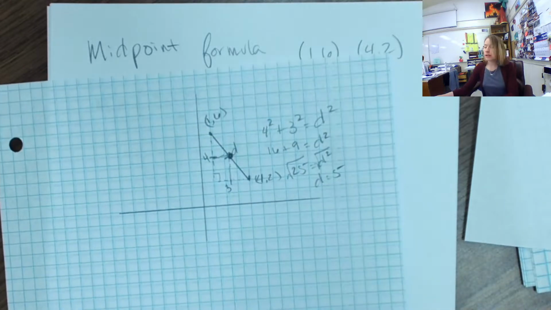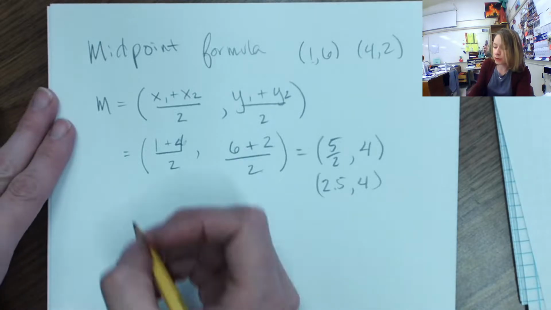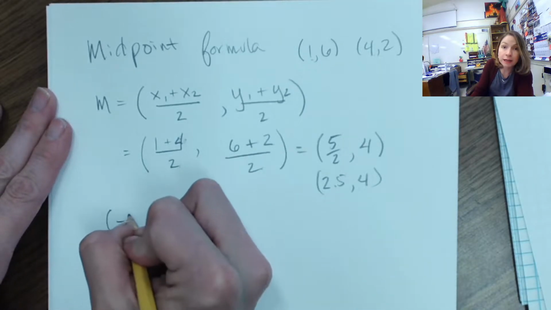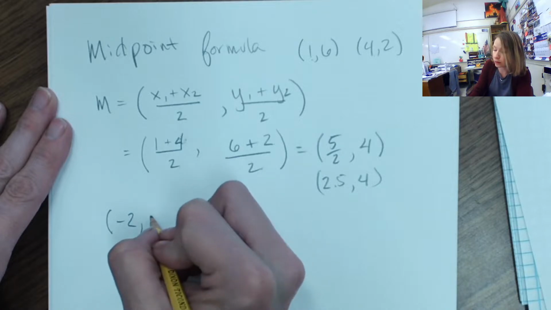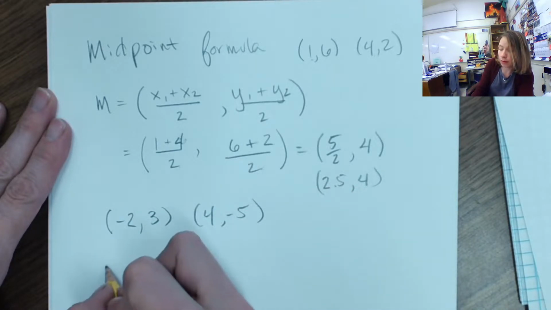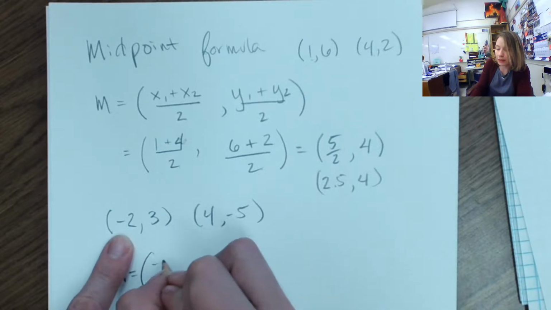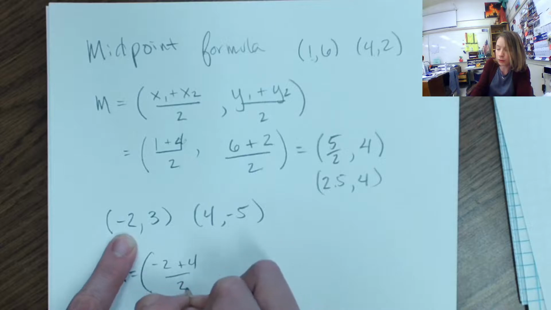Okay, I'm going to use the same example from earlier, the second one there with the negatives, just because we want to make sure to pay attention to negatives as we use these formulas. So (-2, 3) and then (4, -5). So I've got, for my first coordinate, -2 plus 4 all over 2.